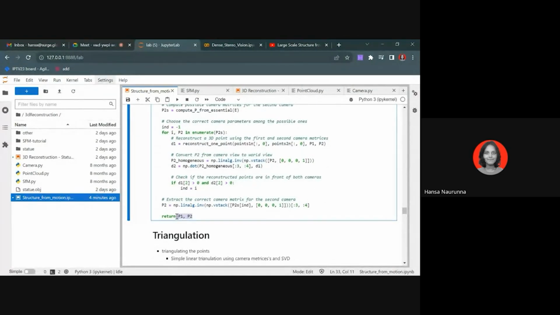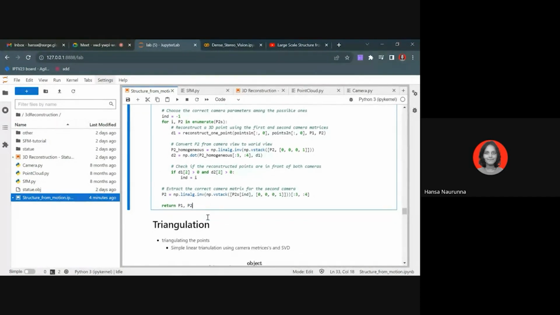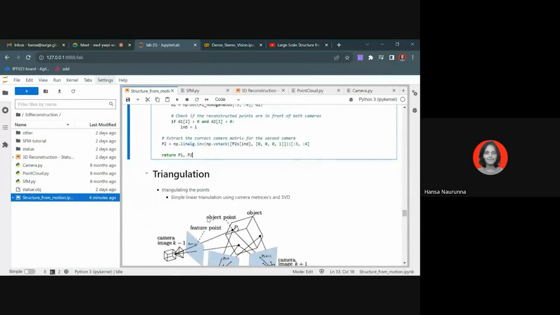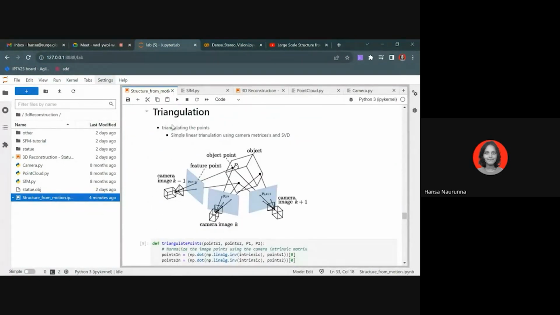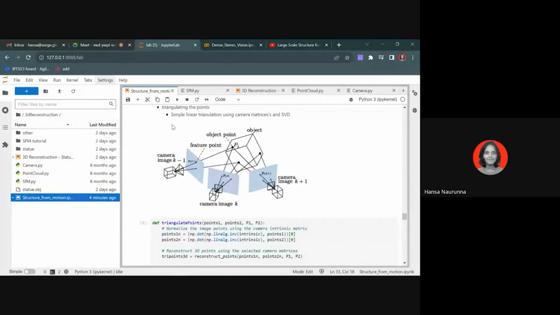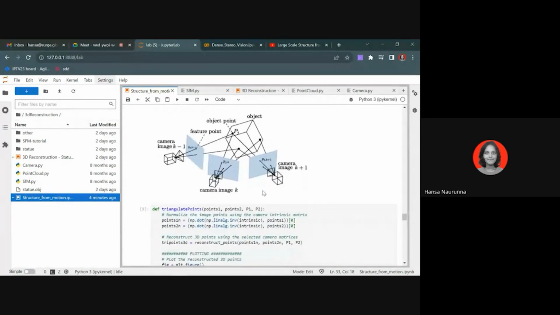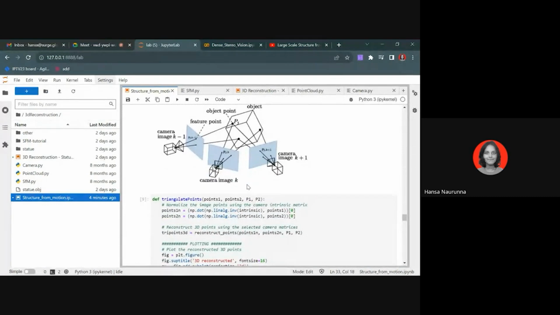P1 is the world origin camera, and P2 is going to be that other camera that's somewhere out in the world. Over here, we have the triangulation part where we can give these P1 and P2 and compute the 3D points from the features.